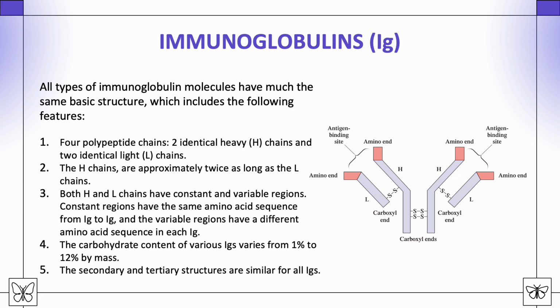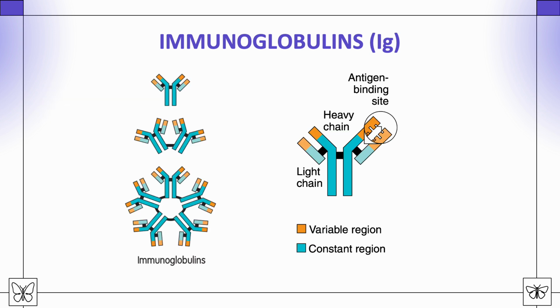The carbohydrate content of various immunoglobulins varies from 1% to 12% by mass. That's why immunoglobulins are a type of glycoprotein. The secondary and tertiary structures are similar for all immunoglobulins. They involve a Y-shaped conformation with disulfide linkages between H and L chains, which stabilize the structure.